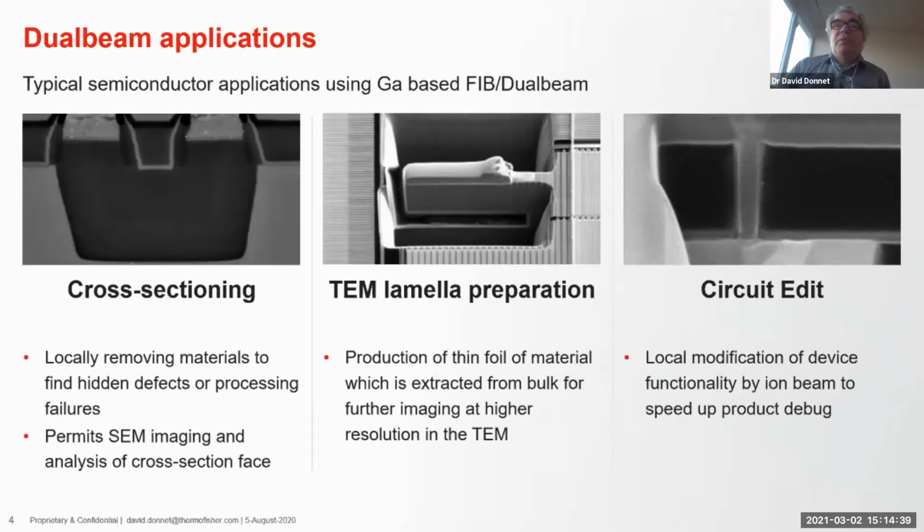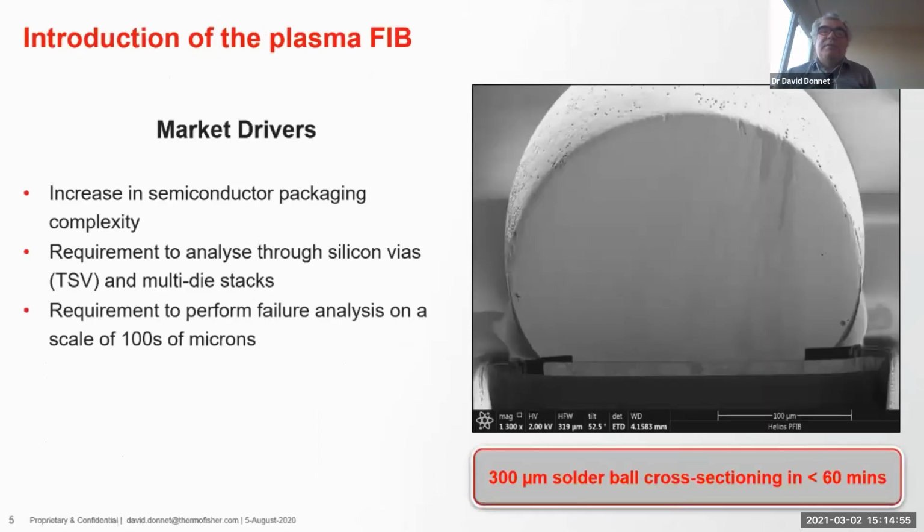But of course, customers want more. They want to be able to image at high resolution, but they also want to be able to remove huge amounts of material, not only looking at the silicon device, but also looking at the package. Over the last few years, or the last decade for sure, there has been an increase in packaging complexity.